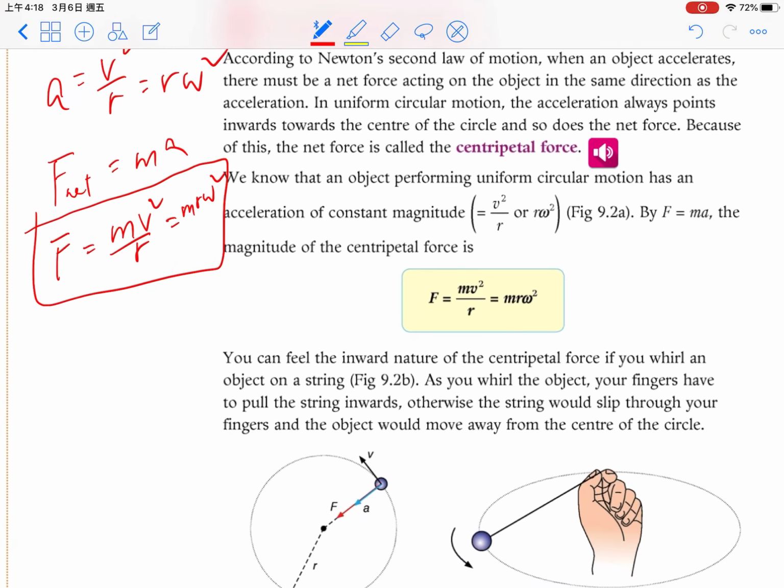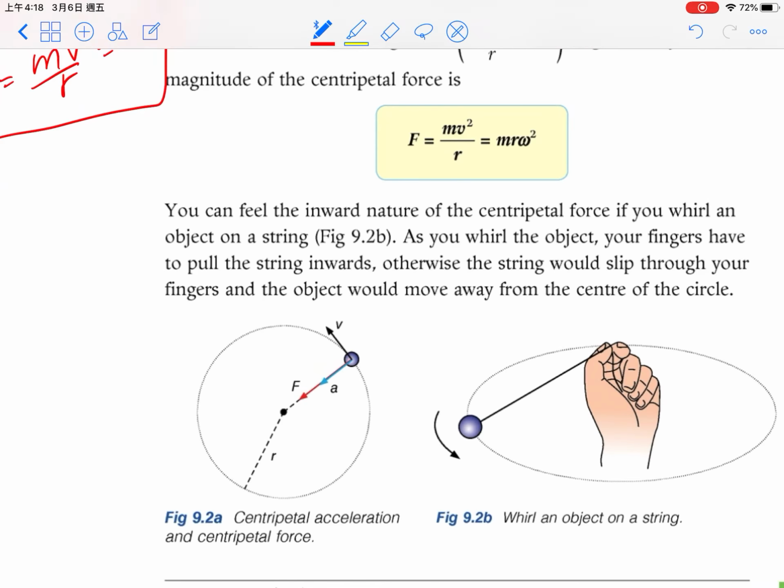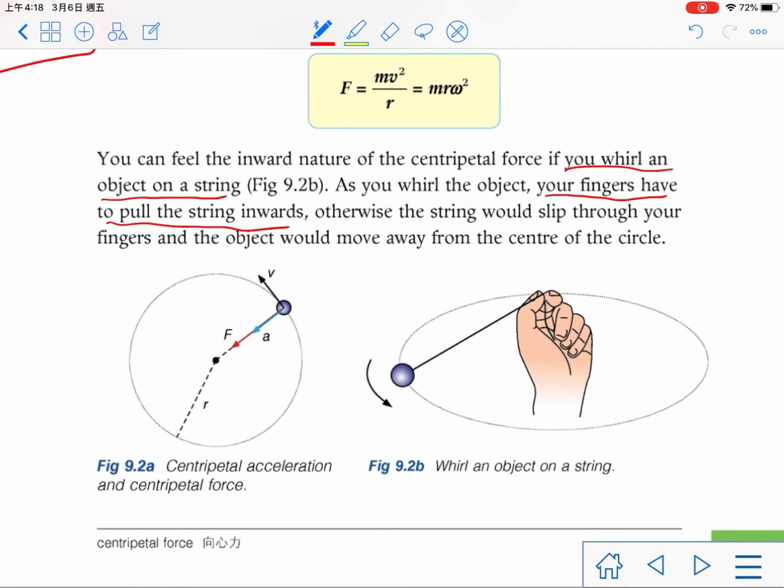Maybe you can try an experiment by yourself to feel the centripetal force. You can whirl an object on a string, then your fingers will have to pull the string inwards.